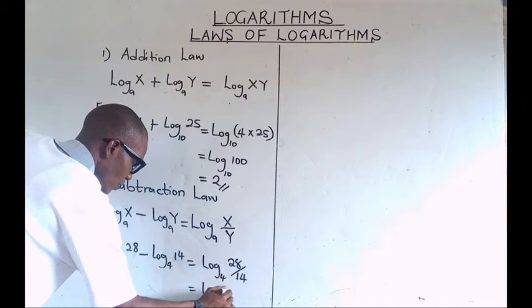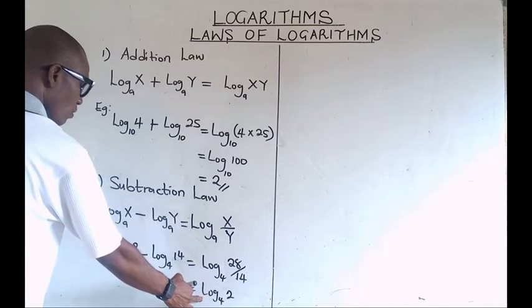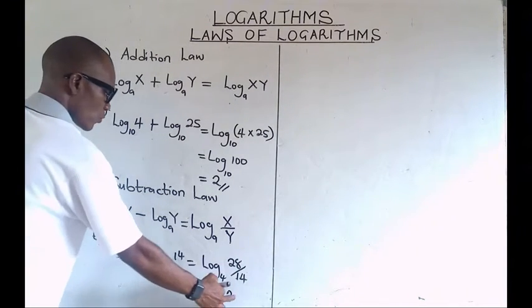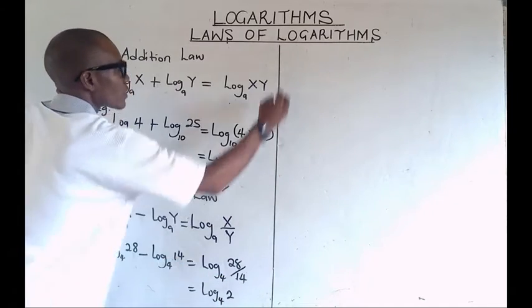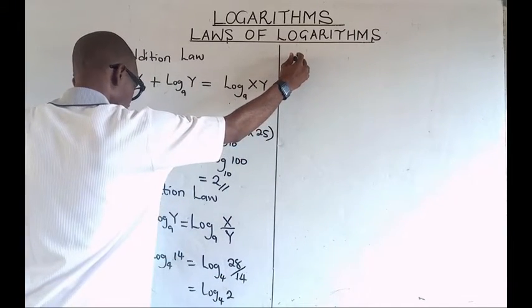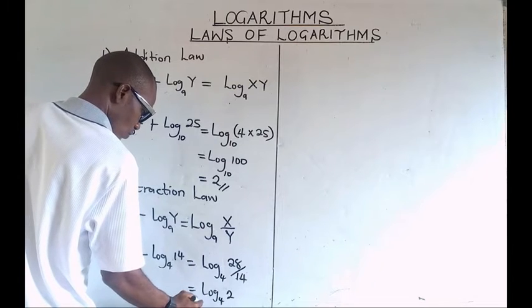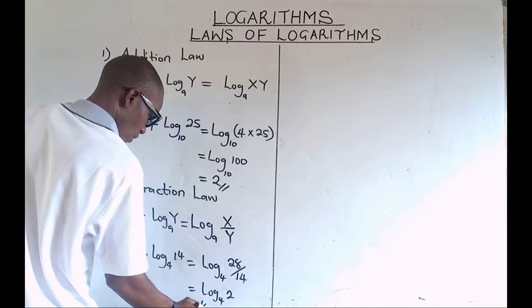If this cancels this, we get 2. And log 2 base 4 is equal to 1 all over 2.